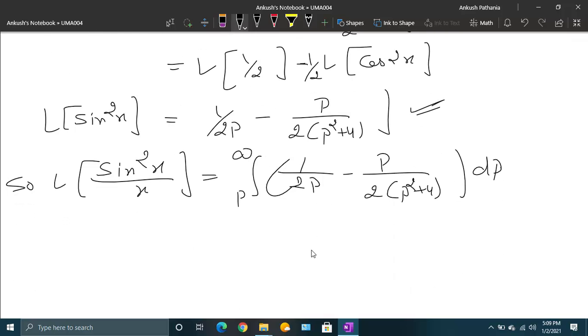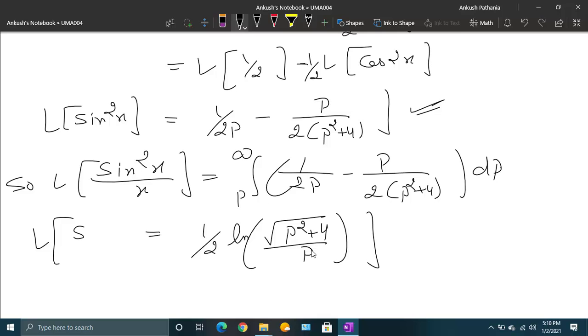When we solve this integral, I'm just stating the result directly. It comes out to be 1 by 2. We have done these types of integrals. Usually when you solve the integration, you get an infinity minus infinity form, so you change it into the log form. So it is ln of under root p square plus 4 upon p. This is the required form that you will get for the Laplace of sine square x upon x.